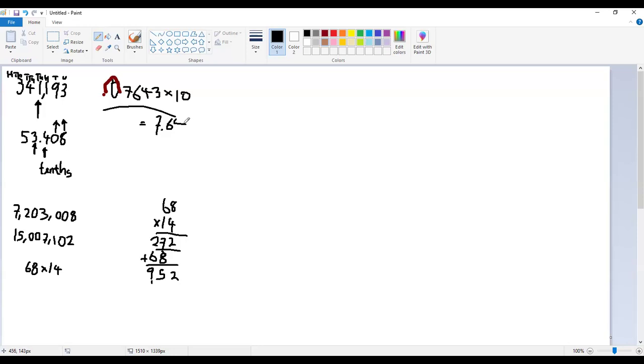Okay, so I think this is actually pretty easy. Since you are very good at this topic, you can leave it and go to the next one. Okay, let me ask you one more question. What if this thing were 0.7643 times 1,000? Oh, easy. Move the point 3 steps forward. And the forward I mean is 1, 2, 3.